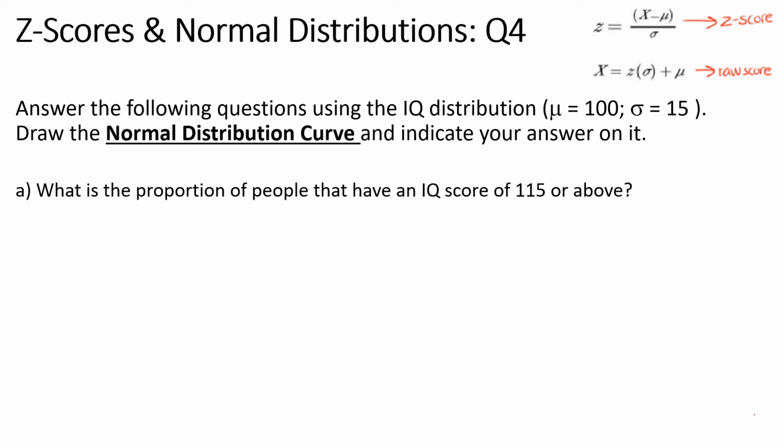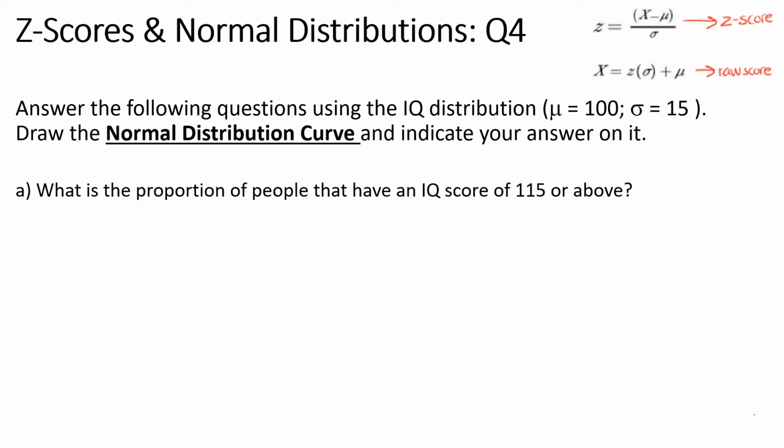Make sure you're indicating your answers on the distribution curve, in addition to giving your answer through the equations that you use to reach that answer. We're given the population mean, and the standard deviation of the population, which is 15. And then we're asked, what is the proportion of people that have an IQ score of 115 or above?